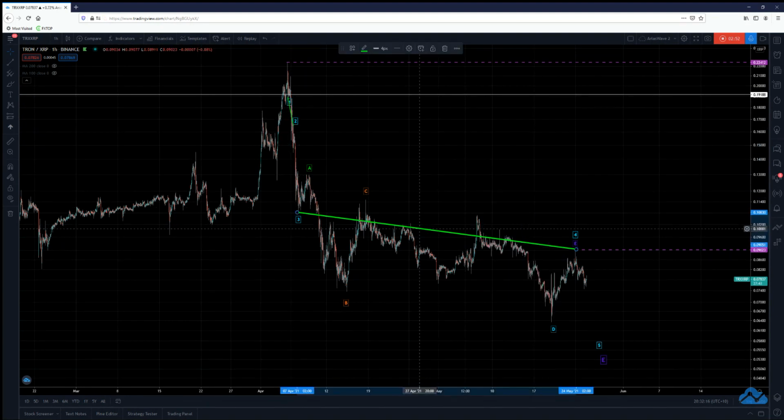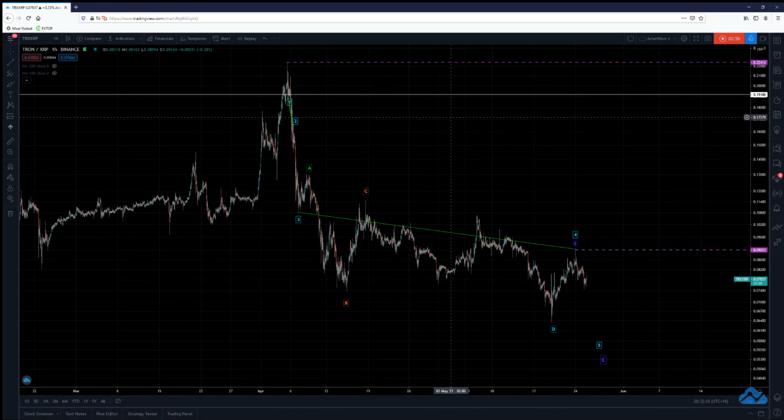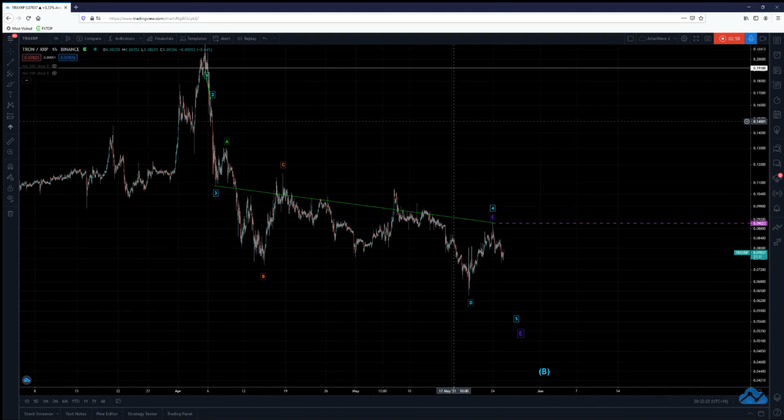Using this particular methodology, which I employ regularly, it's just one piece of evidence, right? So I'm still expecting Tron to move up, but there's always more to the equation than what you think, right?